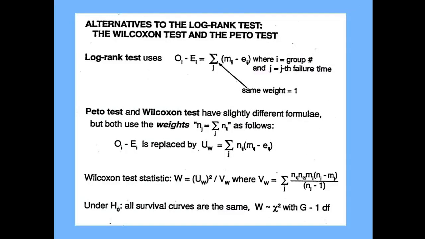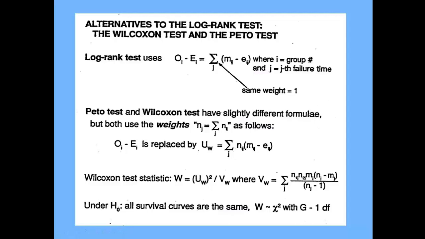Now, the only other thing to say is that the Wilcoxon test and the Peto-Peto test emphasize the earlier part of the curve. You remember I showed you this formula, O minus E, in the formula for the log rank test? It turns out that's replaced by N times observed minus expected. N is the number of people in the risk set.